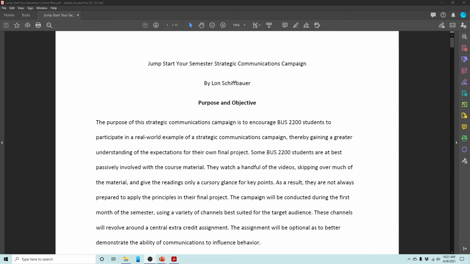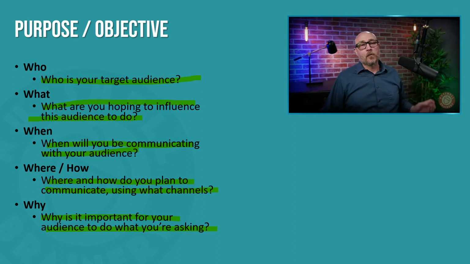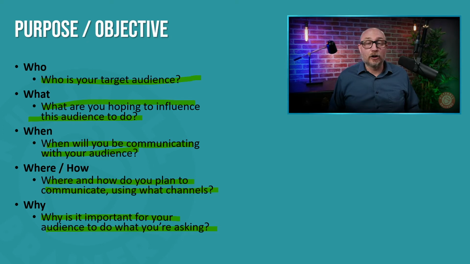Okay, so with that, let's come back over here. Okay, so in the campaign that I have here, who was the target audience? That's right, students in my Business 2200 class. Now, what am I hoping to influence them to do?